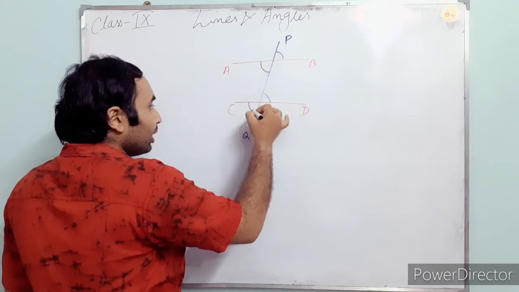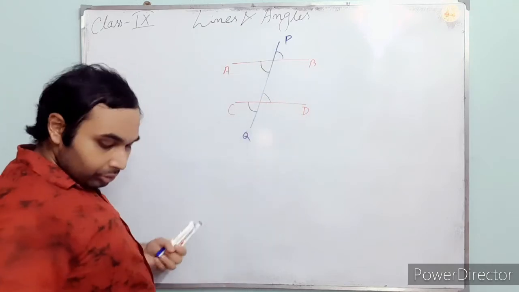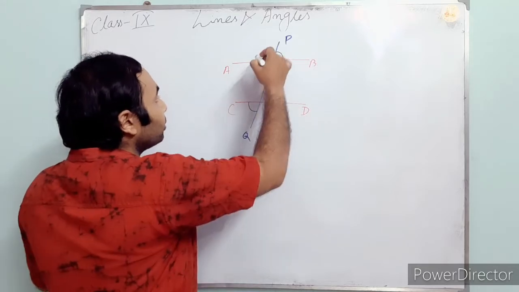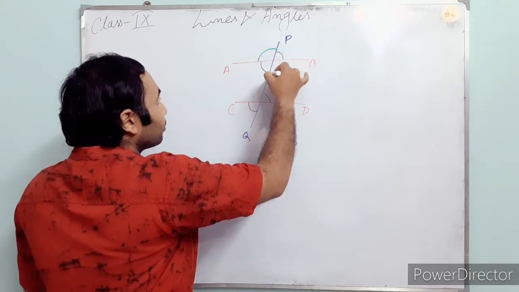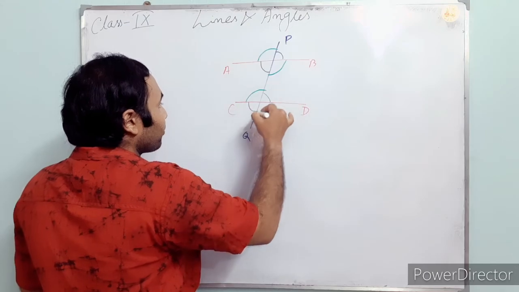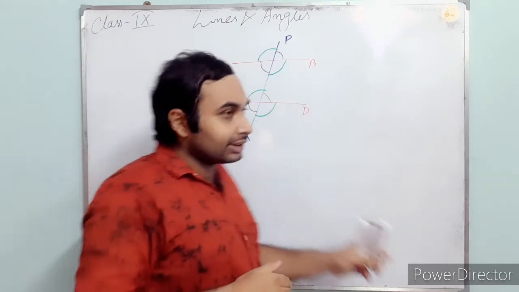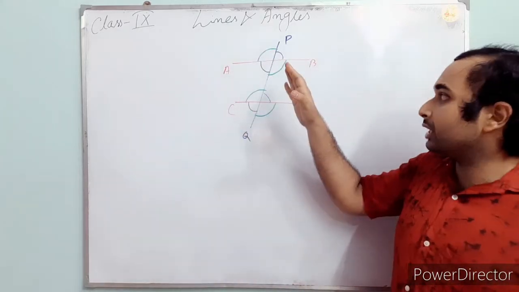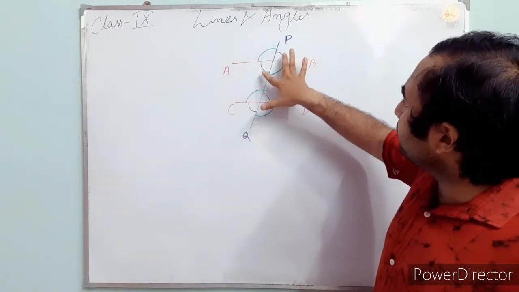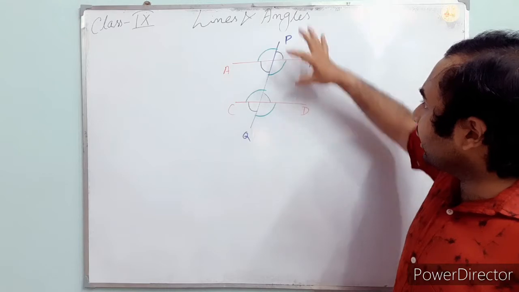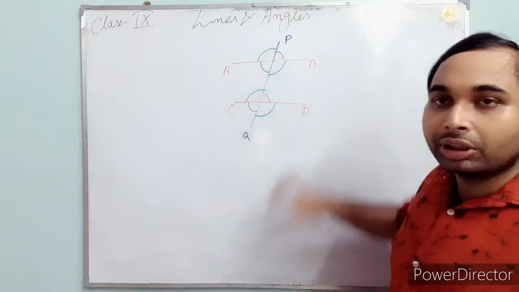One special name is there for those types of angles. I have given the same color to angles: those two blacks and those two blacks, and here those two green angles, those two green angles.